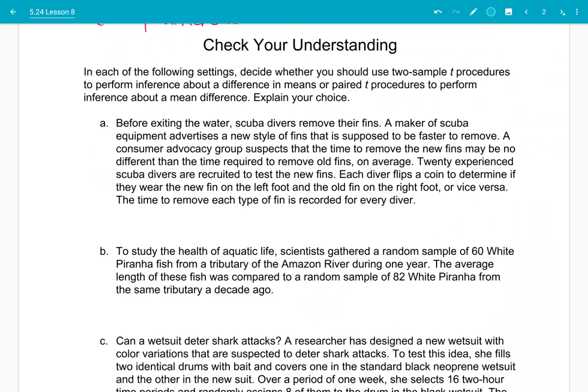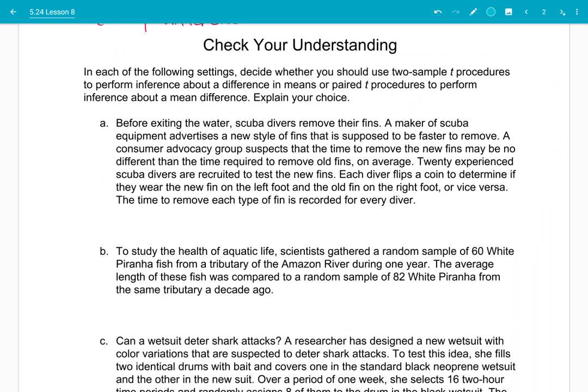So think about populations. Where are our samples coming from? Do we have 2 populations that we're trying to find the difference in? Or do we have 1 population that we're trying to find the average difference of? Okay.